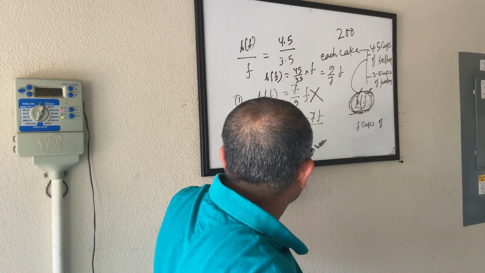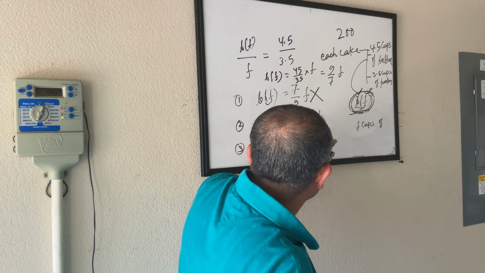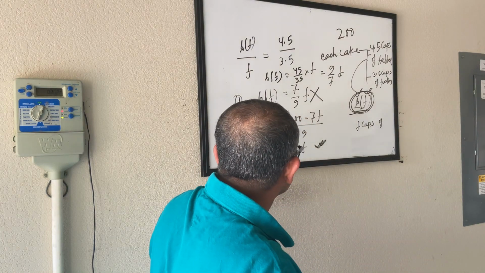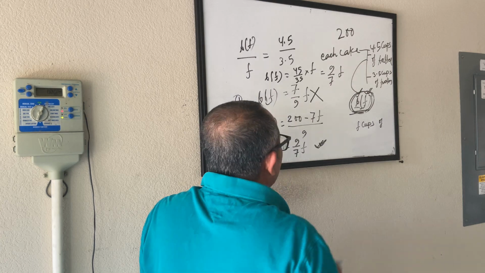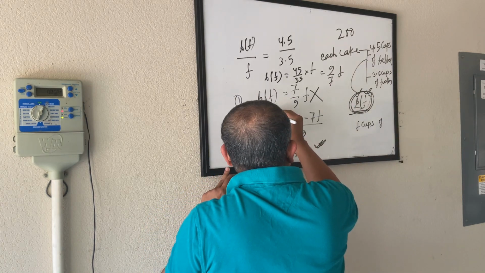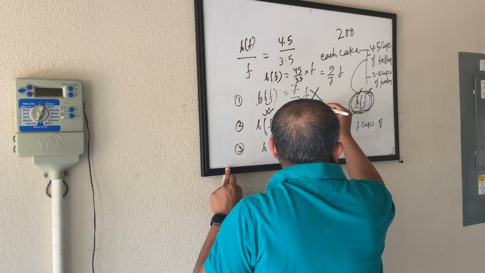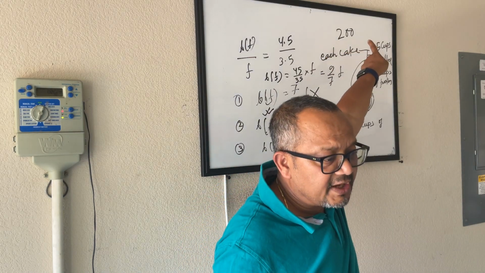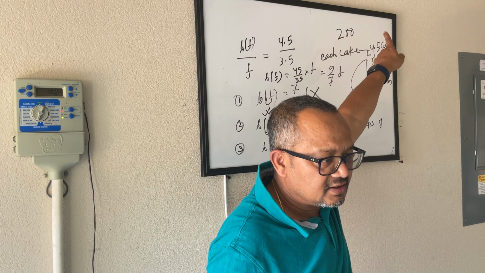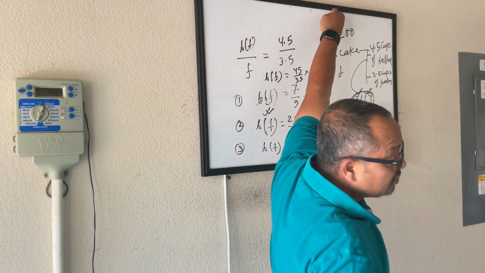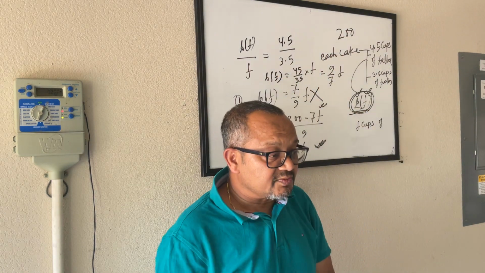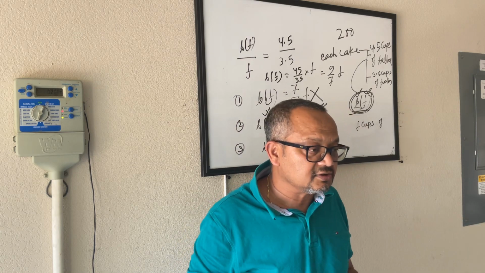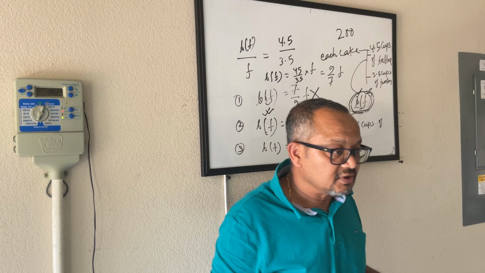Now if you look at this, B of F equal to 200 minus 7F by 9. My number of cups of batter or number of cups of frosting has no relationship to the number of cakes that I am making. It says making 200 cakes. If the business is booming, they might make 2,000 cakes also, 5,000 cakes also.